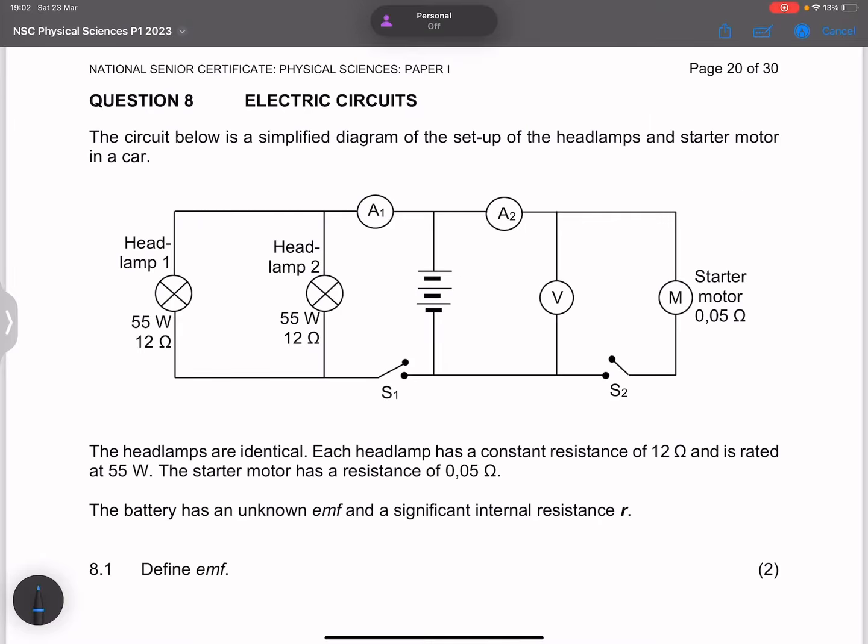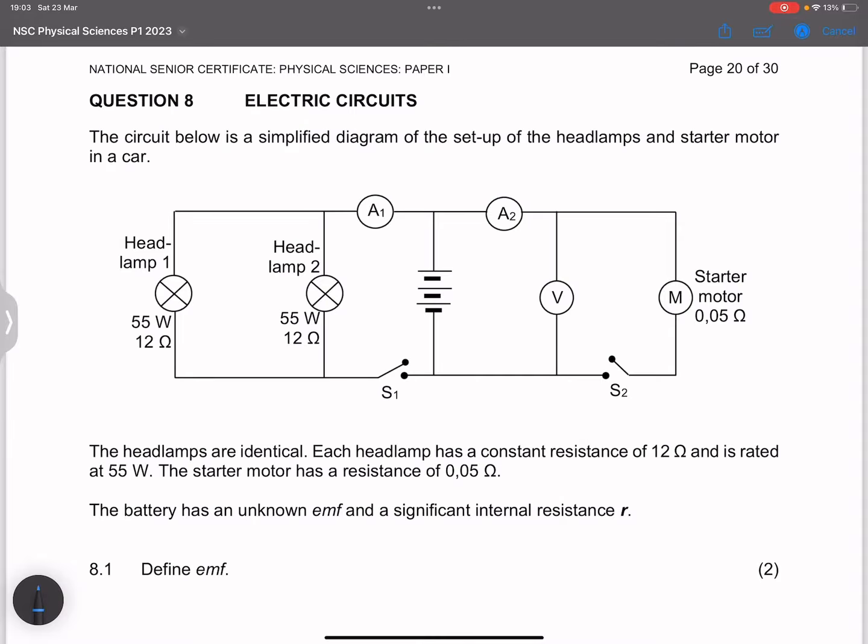So we go on to question 8. They say the circuit below is a simplified diagram of the setup of a headlamp and starter motor in a car. The headlamps are identical. Each headlamp has a constant resistance of 12 ohms and is rated 55 watts.